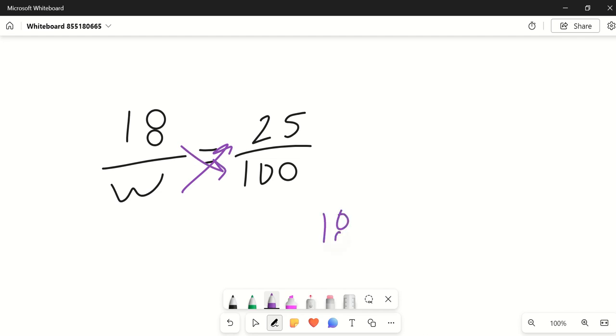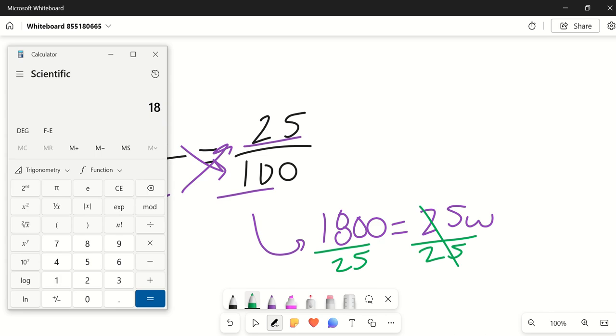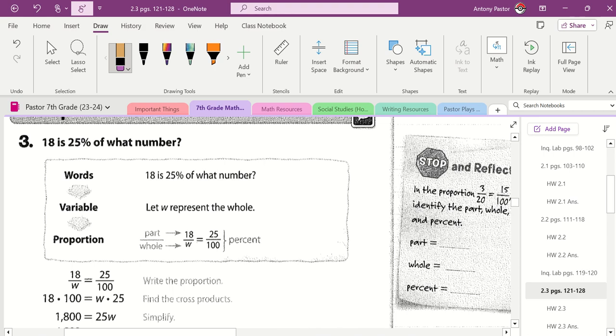This will become 1800 equals 25 times W. 18 times 100 is 1800 equals 25W. Divide both sides by 25 to get W by itself. Clear. 1800, because remember, if you don't clear, sometimes it can mess up your answer. And it'll be 72. So 18 is 25% of 72.